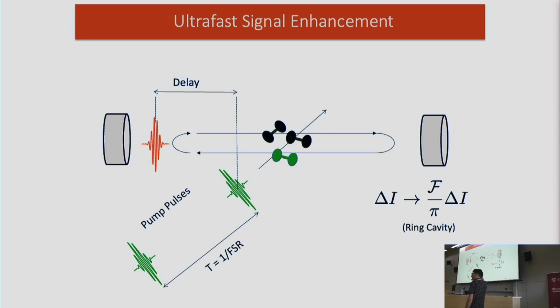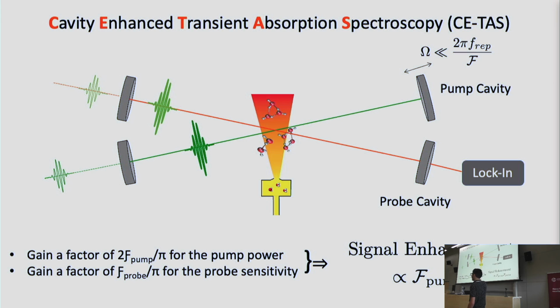They can prepare some excited population that will then be probed by the second pulse circulating in a different cavity with the same focus, or in the same cavity, just time delayed. And this all works. I get a factor proportional to finesse for pump power circulating inside, and I get the same factor for probe sensitivity. So in the end, I get finesse squared enhancement.